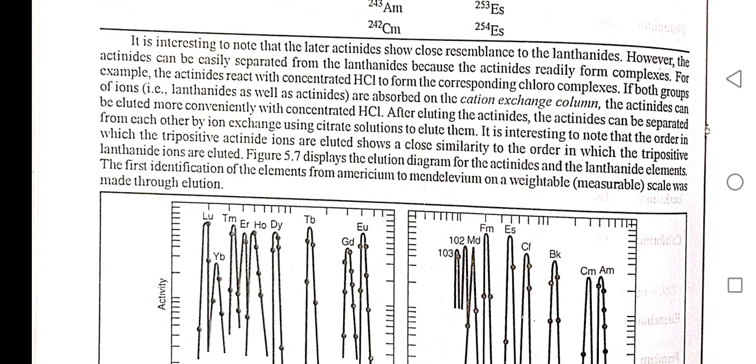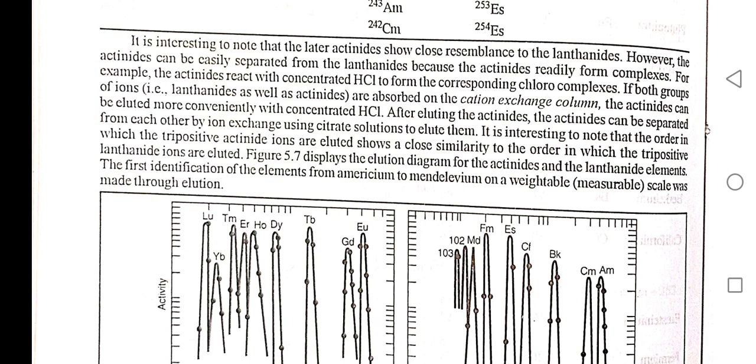It is interesting to note that the order in which the tripositive actinide ions are eluted shows a close similarity to the order in which the tripositive lanthanide ions are eluted. The eluting diagram for the actinide and lanthanide elements is displayed.